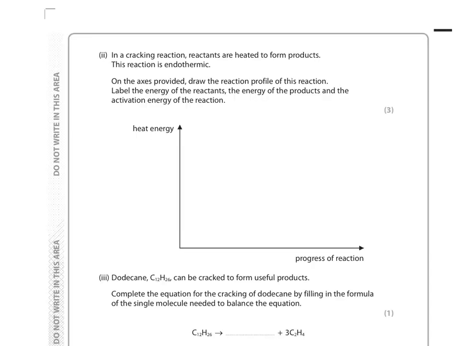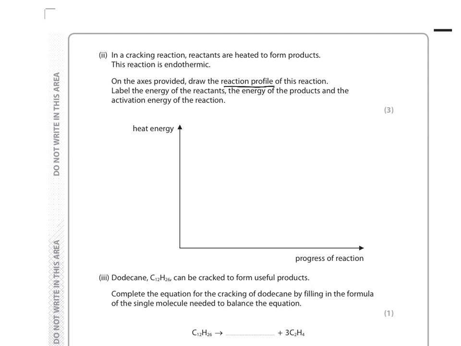Now, part 2 was particularly badly answered, and it says, in a cracking reaction, reactants are heated to form products. The reaction is endothermic. On the axis provided, draw the reaction profile. Well, a reaction profile is an energy profile diagram.